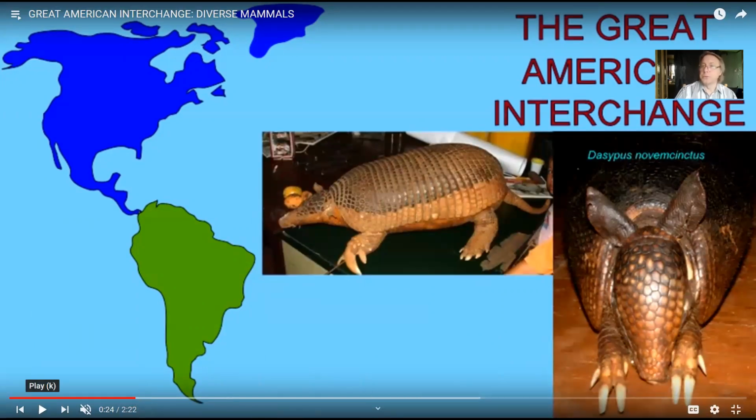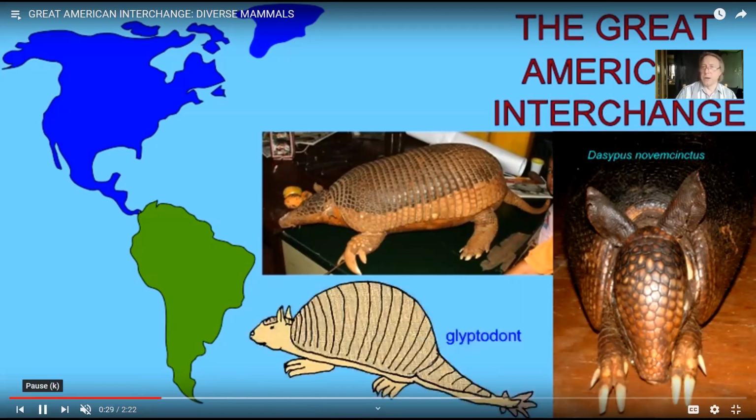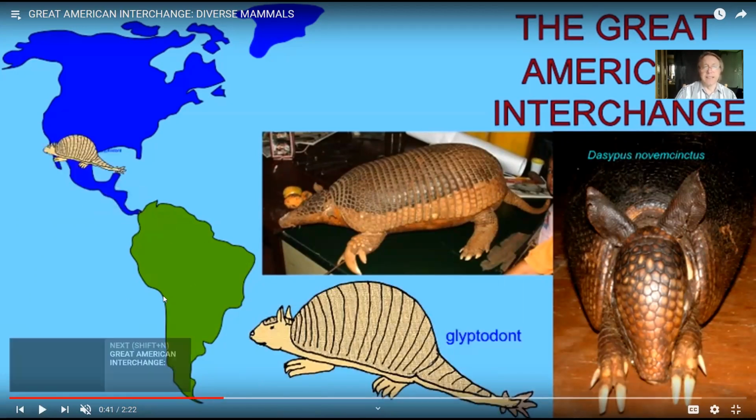And then there were groups which only existed in South America, such as anteaters, sloths. There's a difference between American and English pronunciation of sloth, so sloth, either is fine. There were armadillos, sloths, and anteaters. These only existed in South America.